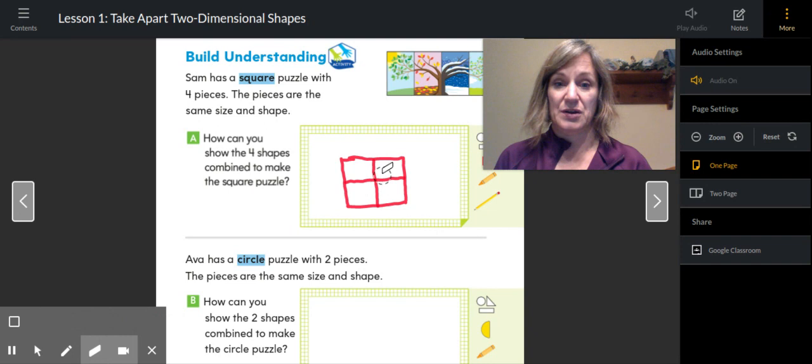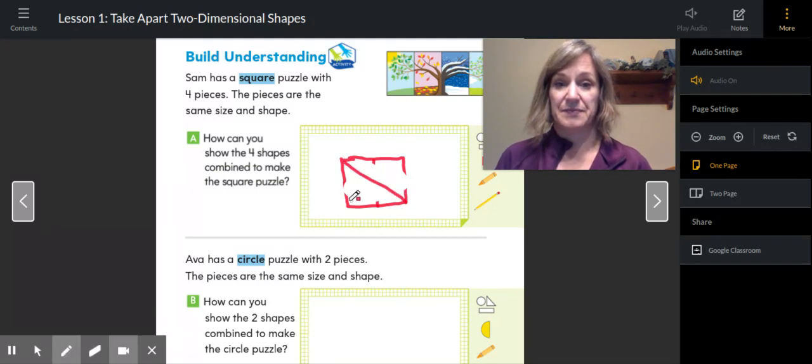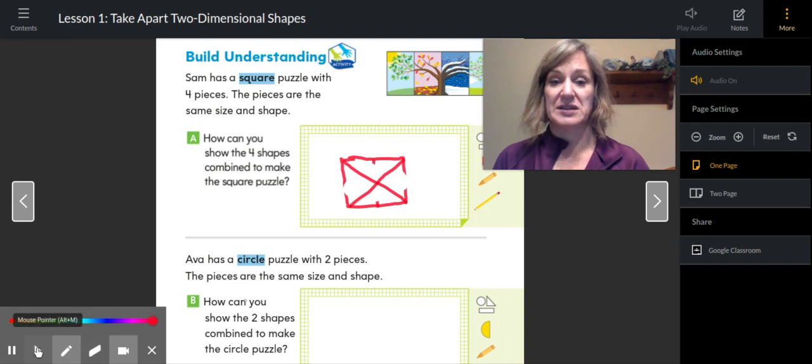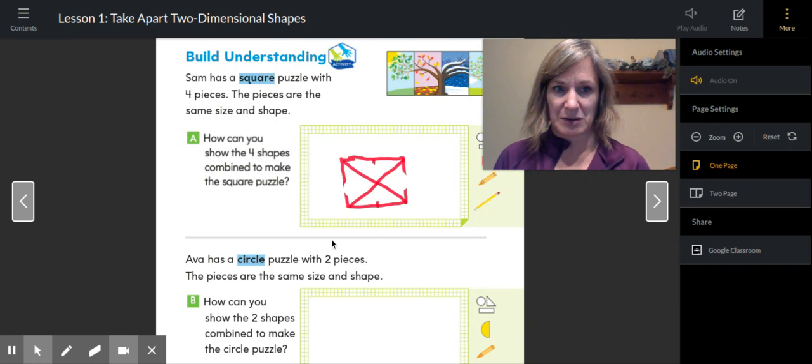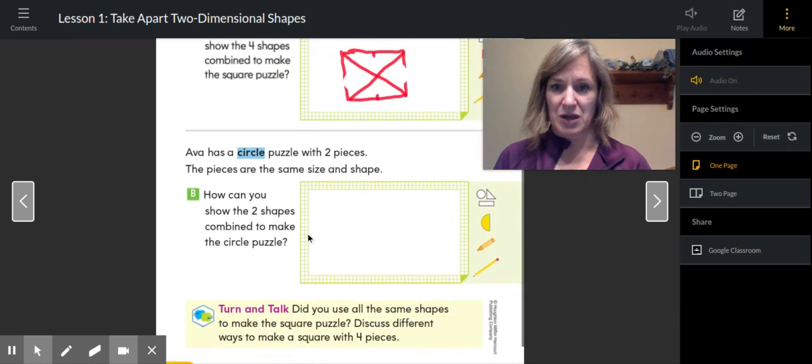However, you could also divide it like this. How many of you like to have your sandwiches cut into diagonals instead of across? Okay, and there's another option. You could actually slice it into 4 equal skinny rectangles going up and down. So several different choices, as long as all the pieces are the same. And mine don't look exactly the same because my square is sort of oblong shaped.